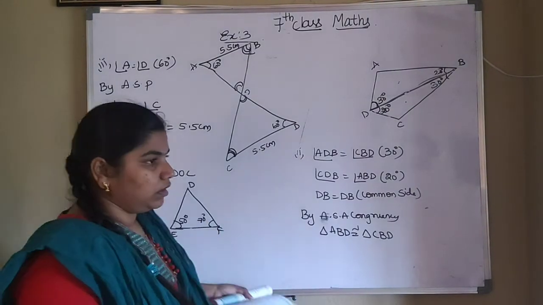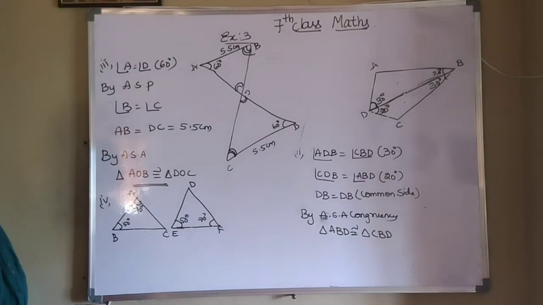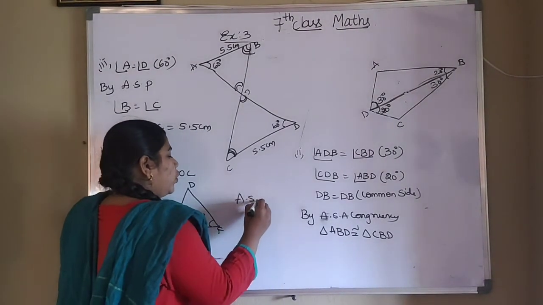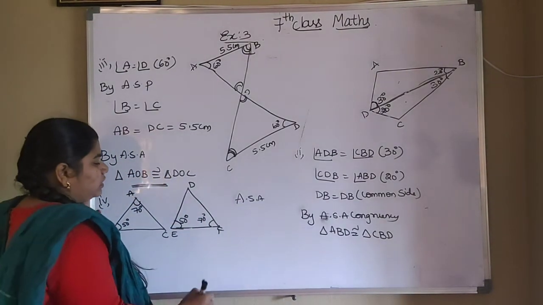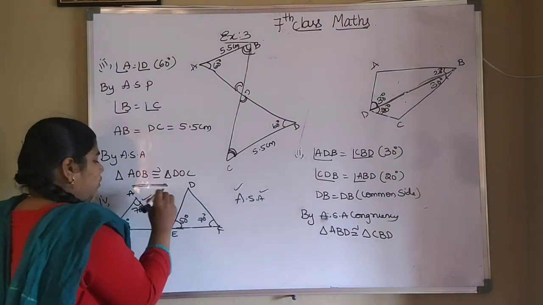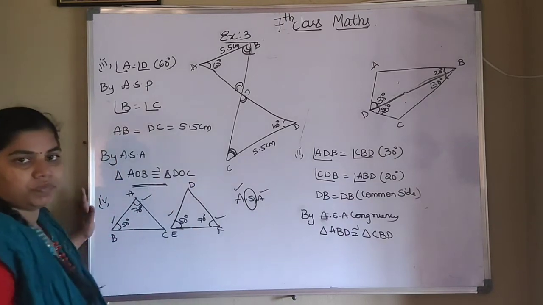Can you say by using ASA congruency that these two triangles are congruent to each other? See, we will check. They have given one angle, and the second angle we also have.